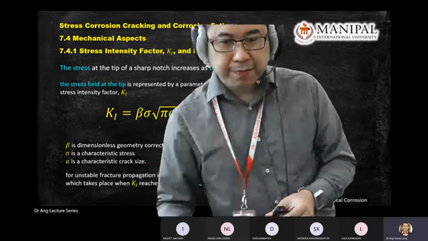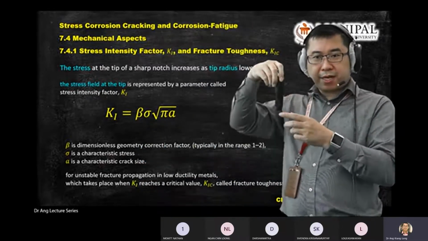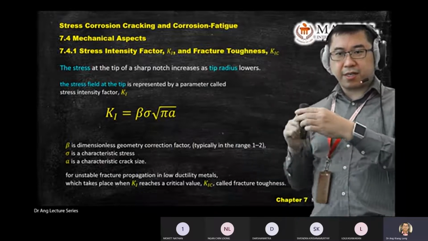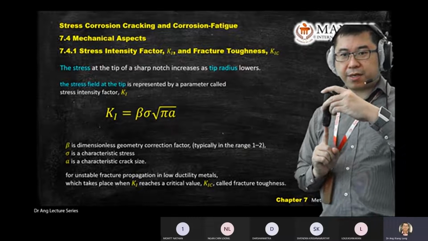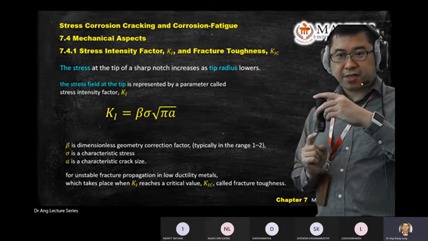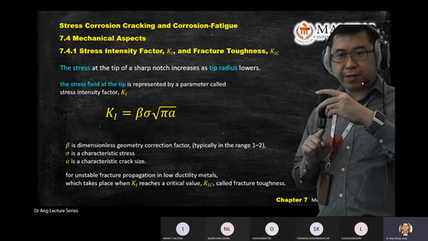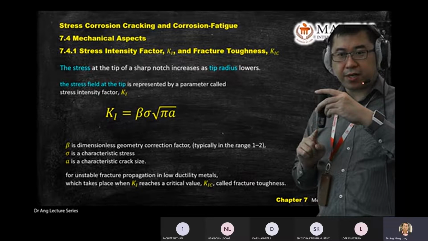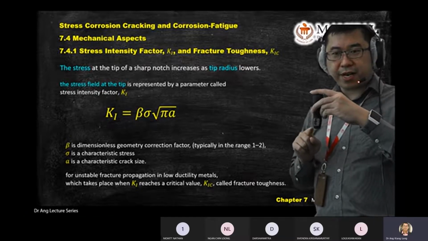Maybe you cannot see, it's very small, so maybe I use this one. Let's say this black color is the SCC hole. If the tip is rounded like this, it means less stress. If the tip is very sharp, imagine a sharp triangular corner here, then the stress will be very, very high.